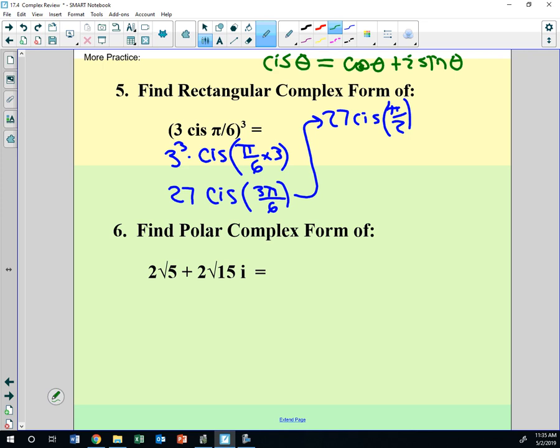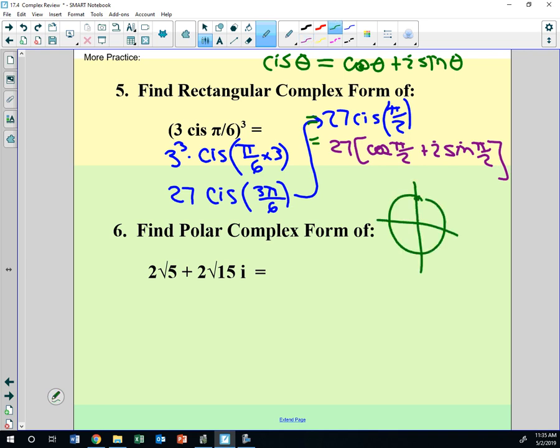So we're not done yet. We need to break this down into 27 cosine of pi over 2 plus i times the sine of pi over 2. Because when we do that, on the unit circle, what's the cosine? 0, and the sine is 1.